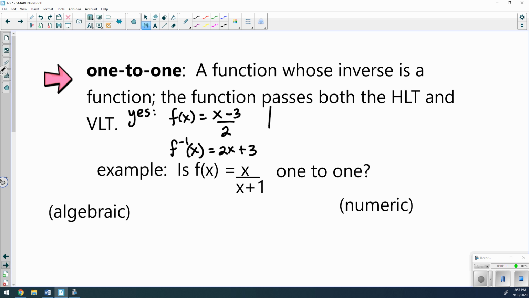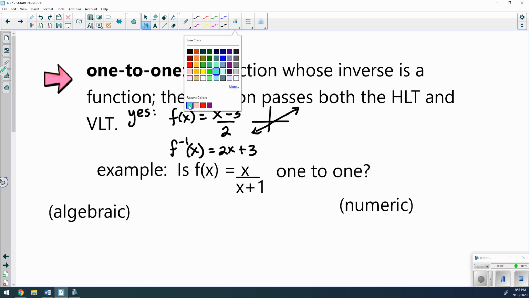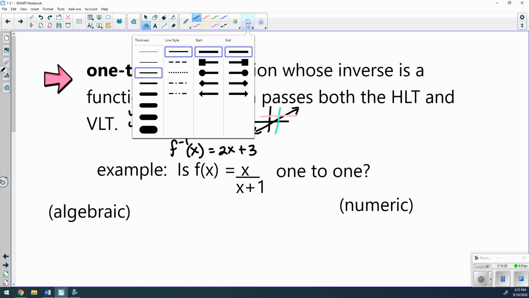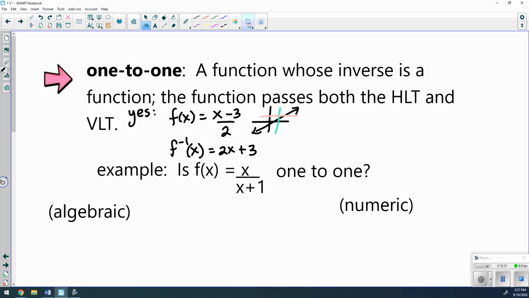So that means the inverse function truly is a function. Okay, so this was a yes.